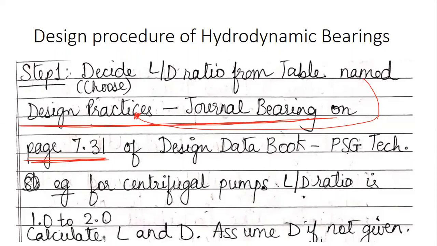Once you know the L by D ratio, you can assume D if it is not given, and then find the L and D values. How much to assume for D and how to calculate L and D, we will do when we solve our first numerical. But for right now, you should understand that the first step is to decide the L by D ratio from the table.